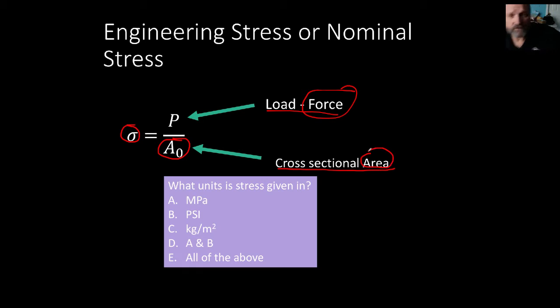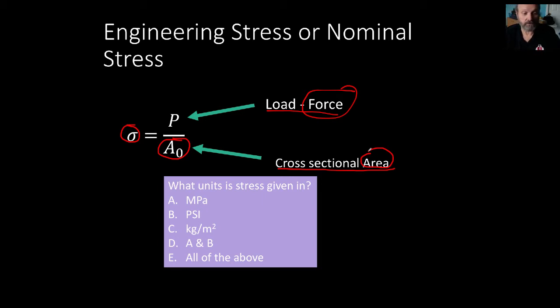Okay, and those have units associated with them. So you always want to include your units when you're doing your calculations, because it'll tell you if you screw up. Okay, so the question here is, what units is stress given in? A, megapascals, that's what the big M is, that stands for mega, and pascals is a unit. Or B, pounds per square inch, or C, is it kilograms per meter squared, or D, is it both A and B?